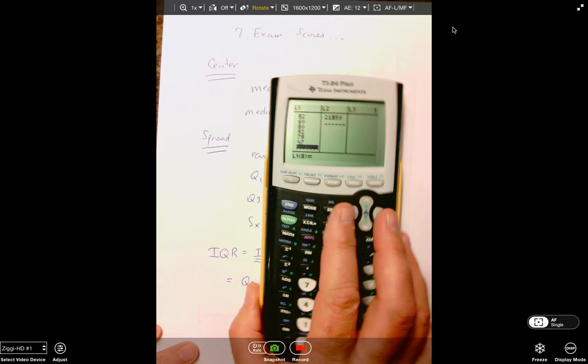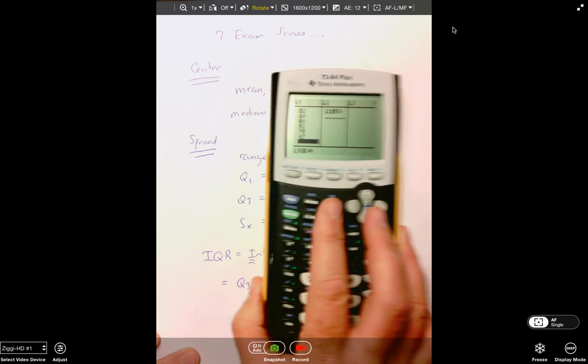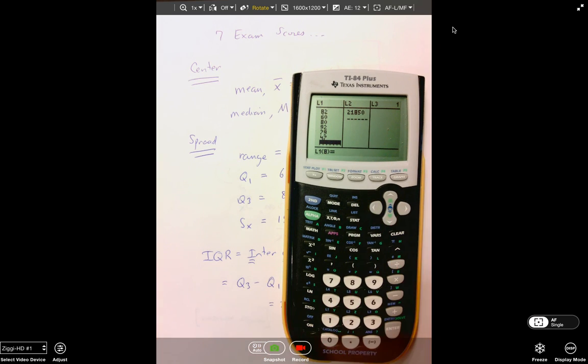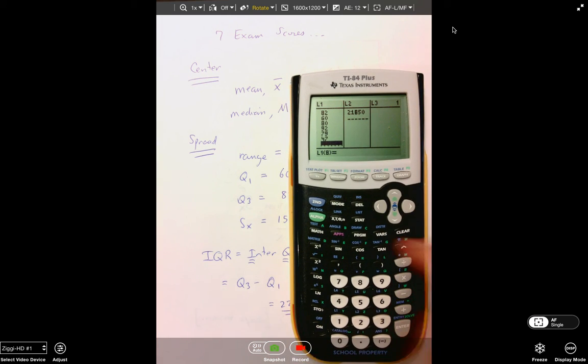If you have this type of calculator, I've entered my data into L1, and the next thing I would do is hit Stat just like before, then come over to Calc and hit enter, but something different would happen. With this operating system, it puts one variable stats back into the home screen.